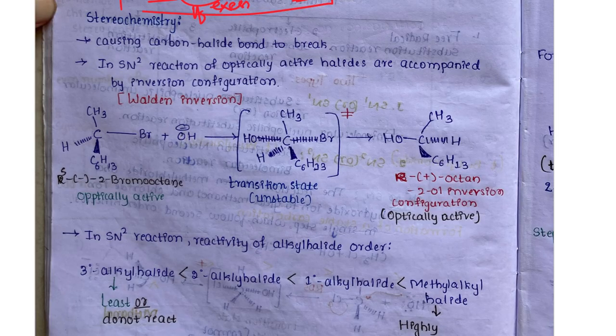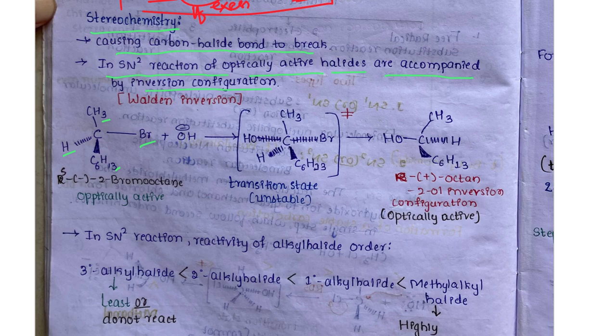Stereochemistry of the SN2 reaction, causing the carbon halide bond to break. In an SN2 reaction, optically active halides are accompanied by inversion of configuration. In case the carbon is bonded with four different groups, 1, 2, 3, 4, all different, therefore this is chiral.